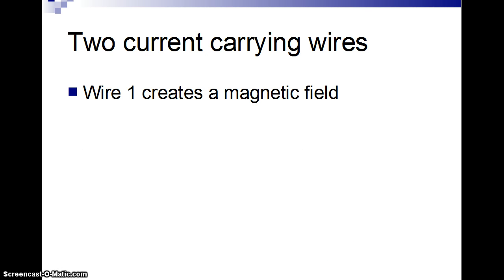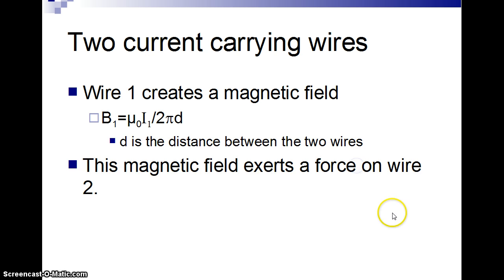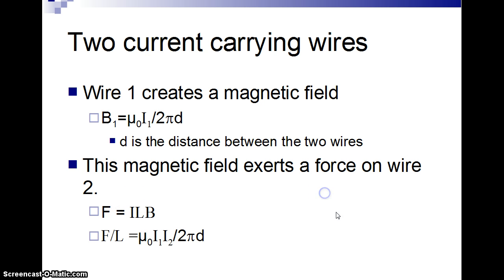So wire 1 creates the magnetic field, and I'm going to call that B1, for wire 1, equal to mu 0 I1 over 2 pi times the distance between the two wires. So it's not just the generic r. I'm going to say there's a specific distance d between the two wires. And then that magnetic field exerts a force on wire 2, just ILB.